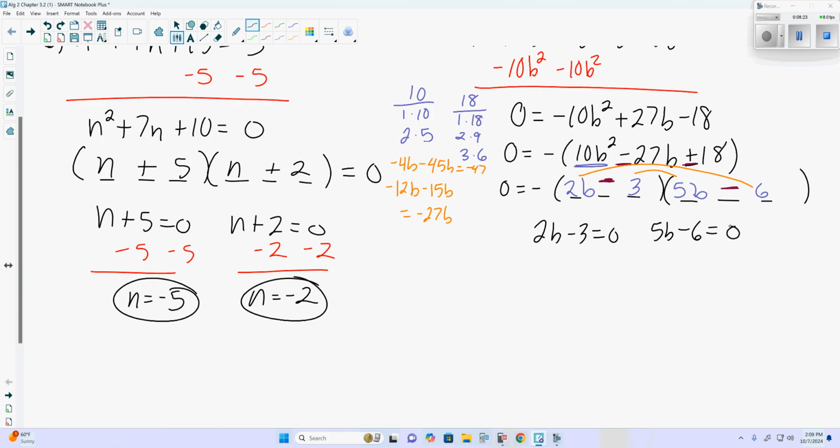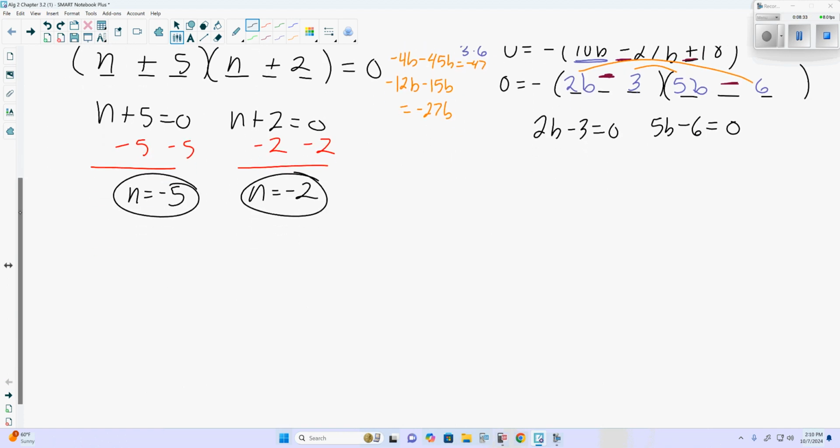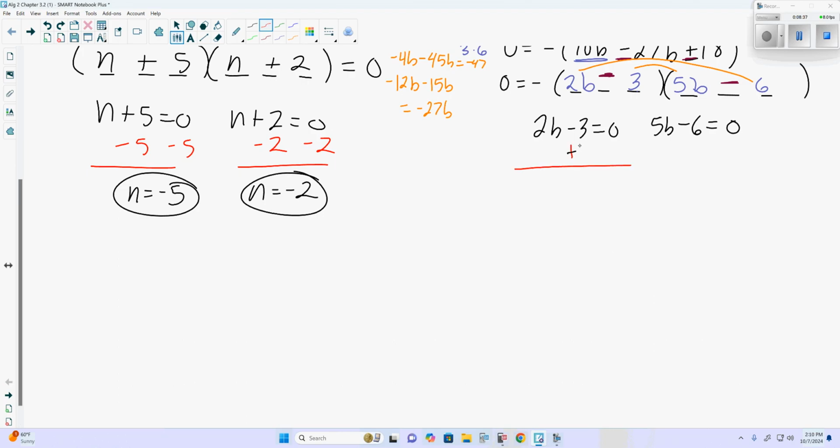Now, whenever we have two or more things multiplied together to equal 0, one of them must be 0. Either 2b minus 3 is 0, or 5b minus 6 is 0. Now, with our 2b minus 3, first thing we can do is add 3 to both sides, showing me 2b is equal to 3. Then we can divide both sides by 2, so b is equal to 3/2.